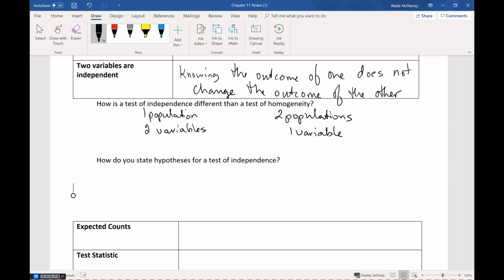Okay, so my hypotheses will look like this. The null hypothesis for a test of independence is there is not an association between whatever variables you're measuring, between blank and blank, in the population of interest.